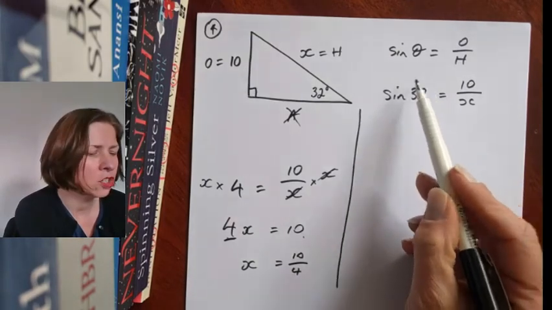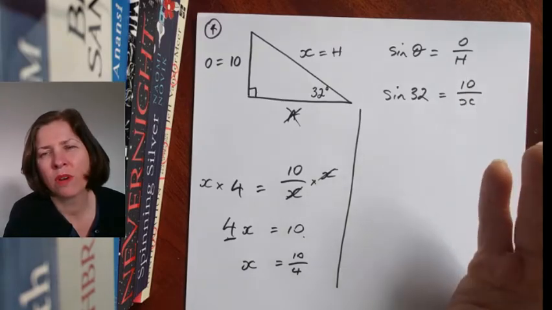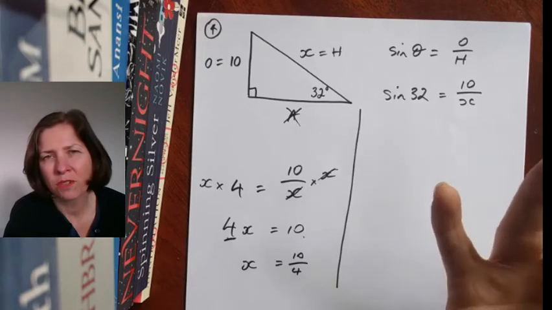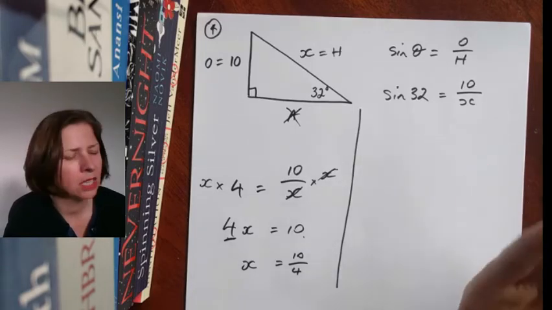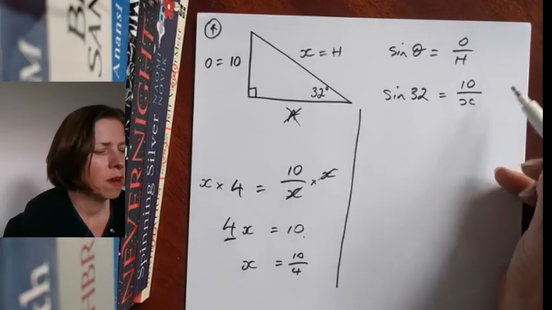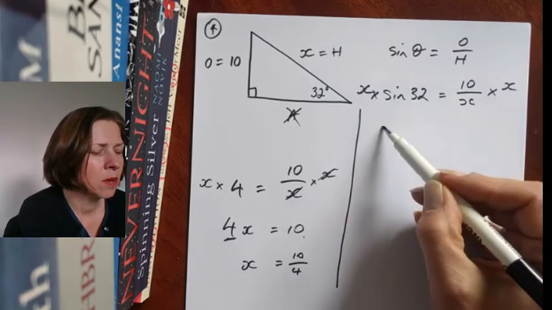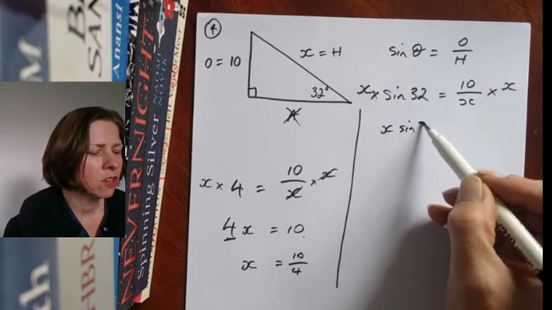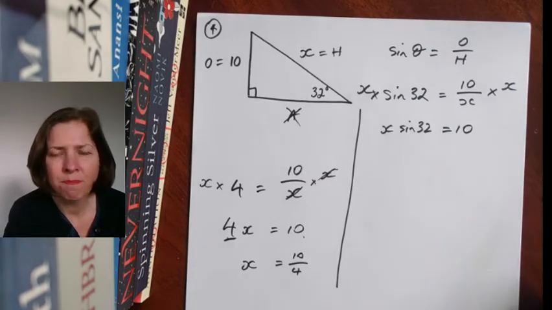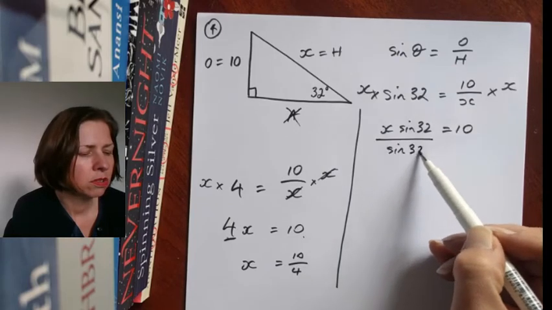Remember, sine 32 is a number, all right? In the same way that root 2, square root of 2 is a number. It's a decimal number. We don't know the size of it, although we can guess the approximate size of it, but we treat this whole thing just like a number. So I multiplied both sides of the equation by x, and that leaves me with x sine 32 equals 10. And now what I'm going to do is divide both sides of the equation by the number sine 32.